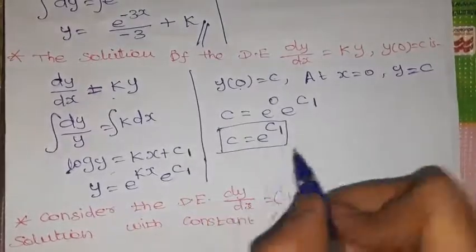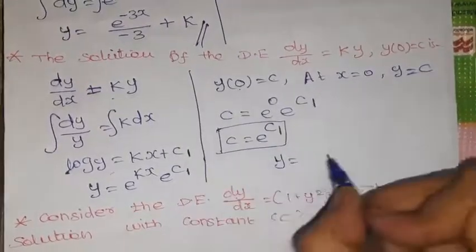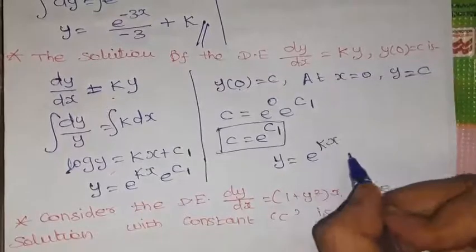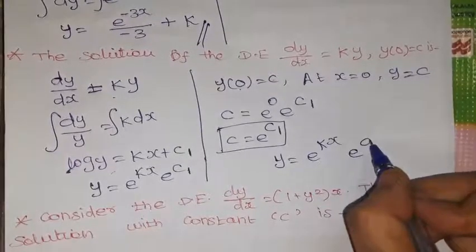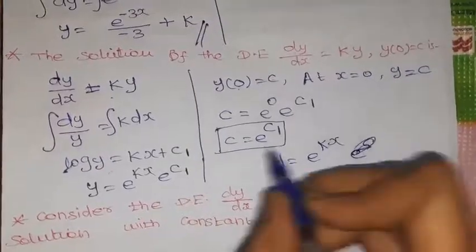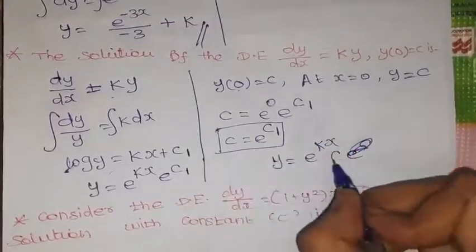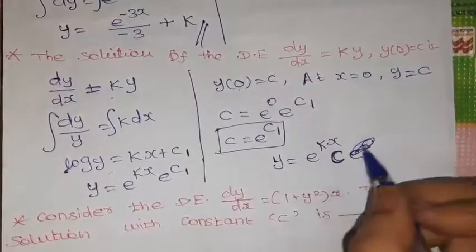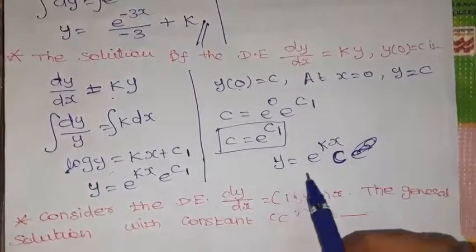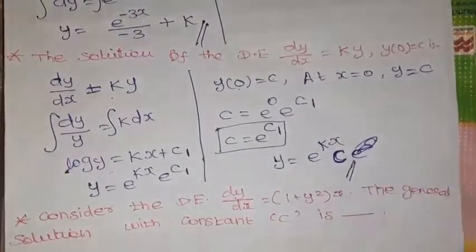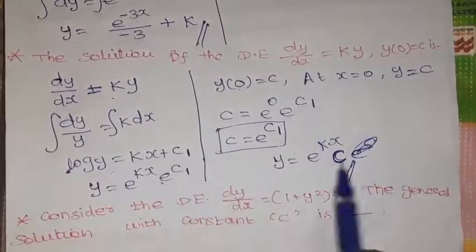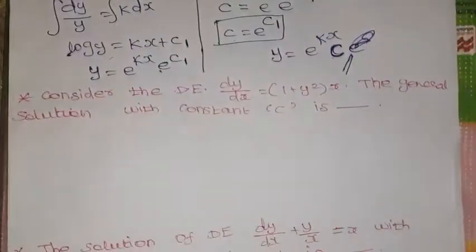So substitute this in that equation, e power kx into e power c1. In place of e power c1 just substitute c. Okay. So y equal to e power kx into c. Then move on to the next one.